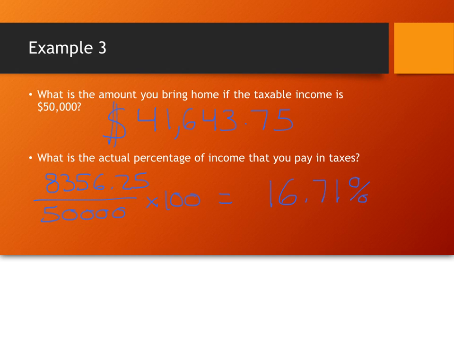And again, that looks very, very familiar because it, in fact, was the exact same amount that we had when we filed as a single person and when we made $50,000 as a single person. Okay?